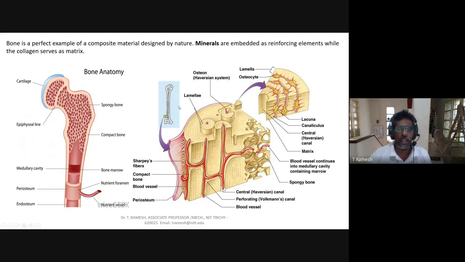See here, this is a cross-section view of a human bone. You can find that there are fibers, and this is a compact bone, and there are blood vessels passing through it, am I right?